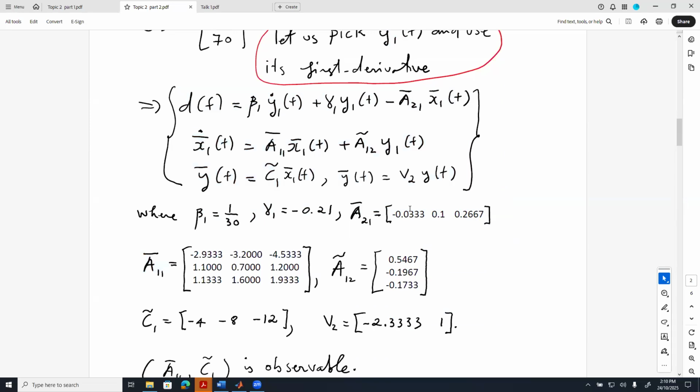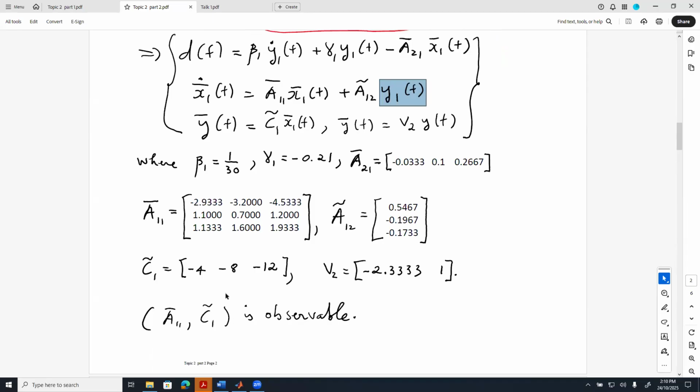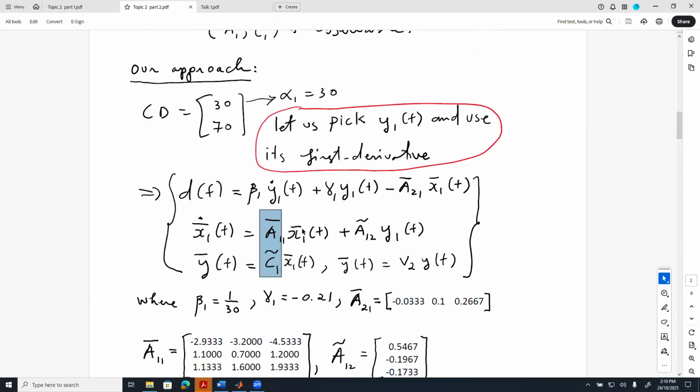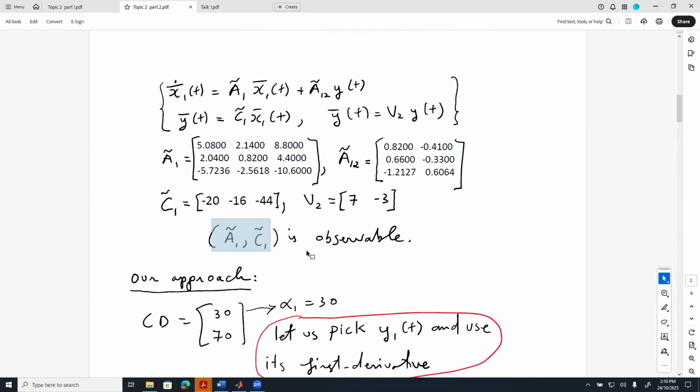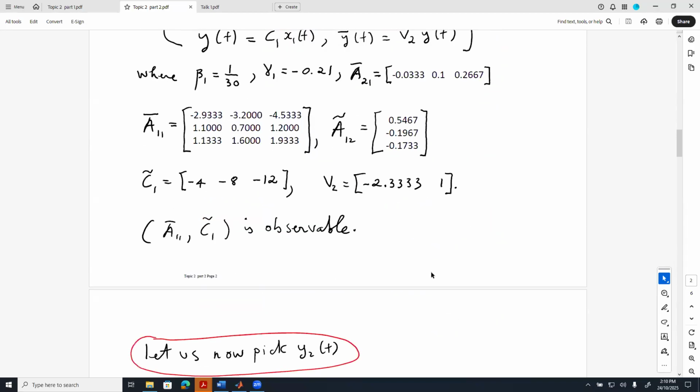Keep in mind that this reduced order system contains in here the output measurement y1 of t. And by the way, the pair of the reduced order system is also observable. Likewise, in the Hou and Muller method, that pair is also observable.